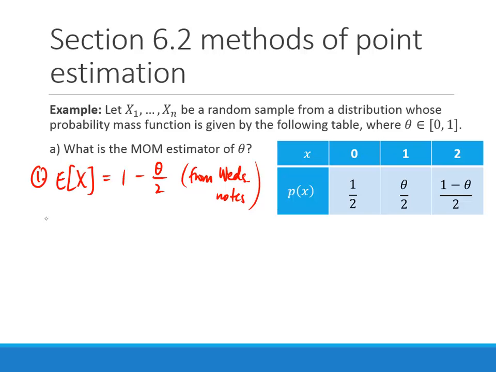Okay. First sample moment, as usual, is just x bar. You're seeing a lot of that here. And so I come down to my third step here, and I can equate those two statements. So I have 1 minus theta hat, let's put a hat on it to denote that it's our estimate, is equal to x bar.